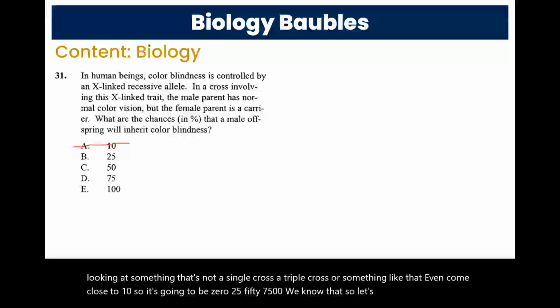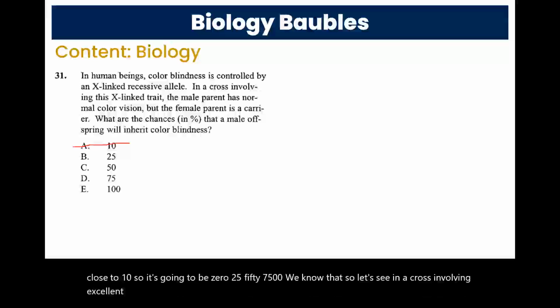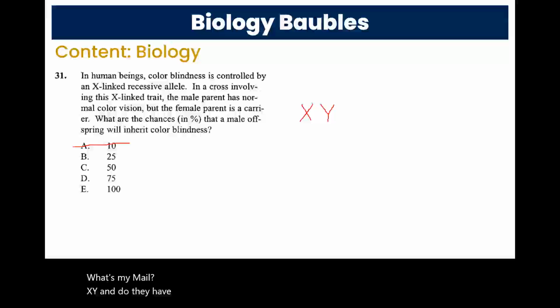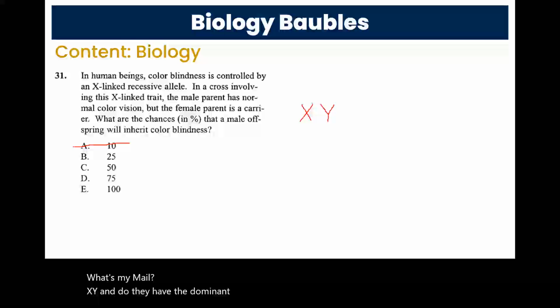In a cross involving an X-linked trait, the male parent has normal color vision. So what does that mean? What's my male? X, Y, and do they have the dominant or the recessive? They have the dominant, capital C, and the female is a carrier. So what's the female?